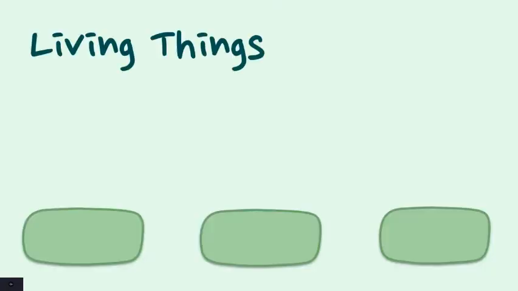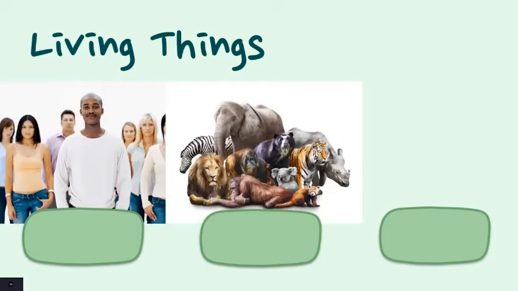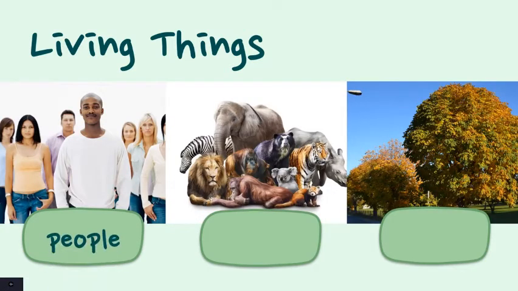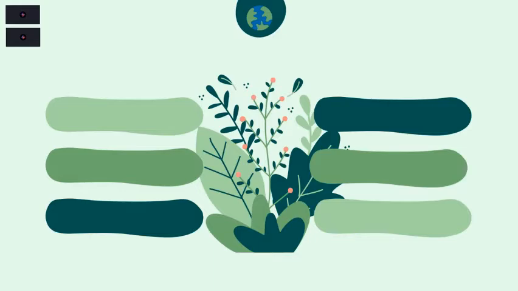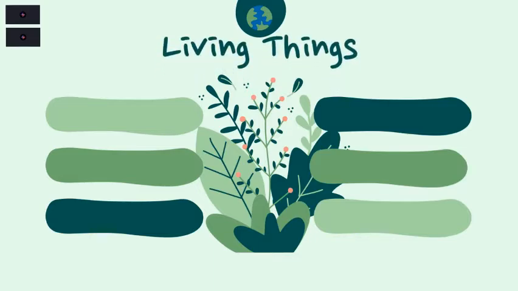Living things can be three things. It could be people, animals, and plants. Living things are things that can move by itself. They can eat food, they can drink water, they can breathe.